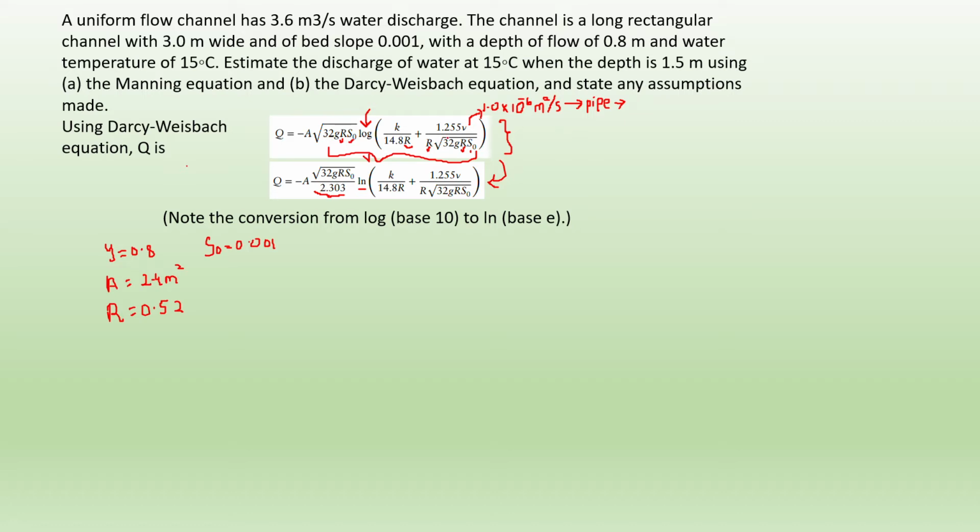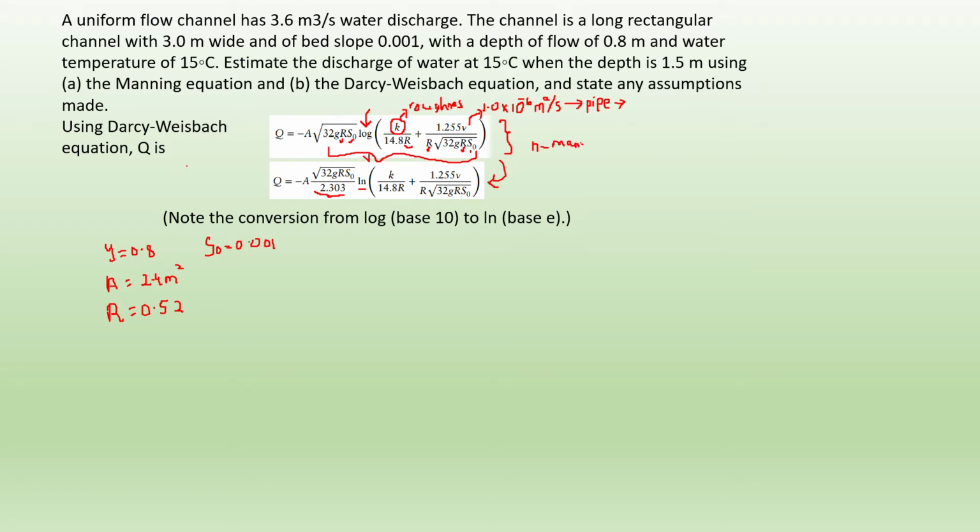What is missing in this equation is the value of the small k, which is related to roughness. Same as in the earlier example, where we were missing the value of n in the Manning equation.